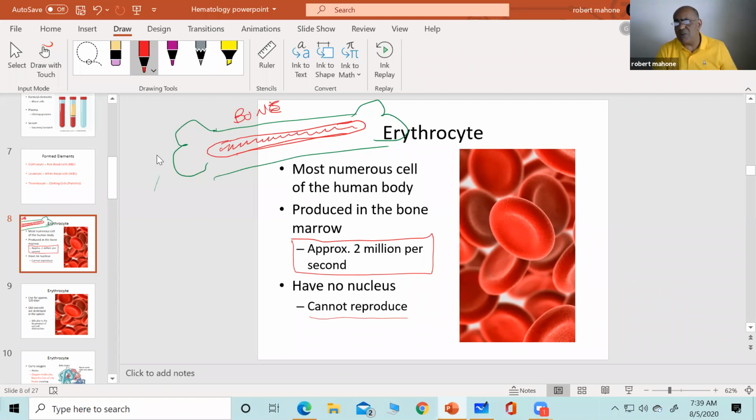And whenever we transfuse bone marrow to somebody, it's for that reason. They're having some issue with producing blood cells for their body. So we transfuse bone marrow to them to bump up their production of blood cells.